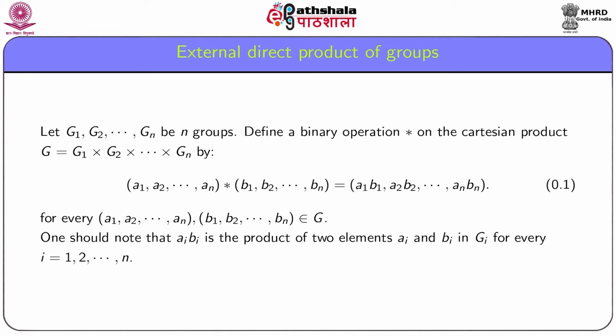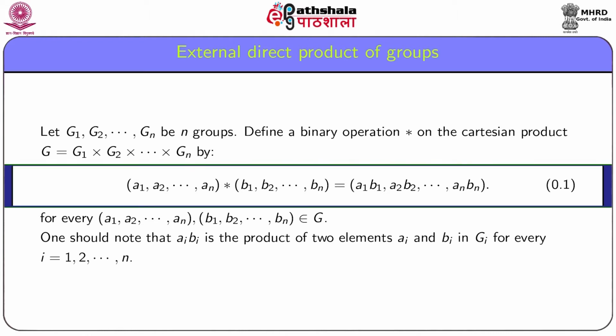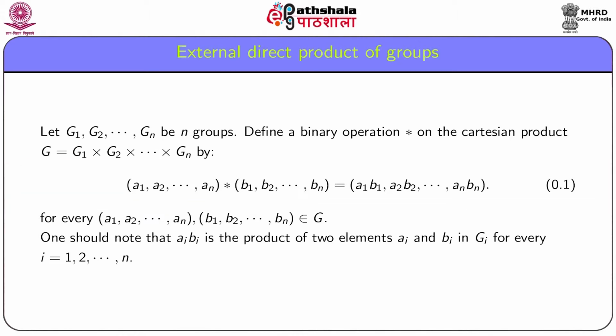Naturally, we will define the binary operation star on G by (a1, a2, up to an) star (b1, b2, up to bn) is equal to the n-tuple whose first element is a1 into b1, the second element is a2 into b2, and the nth element is an into bn.